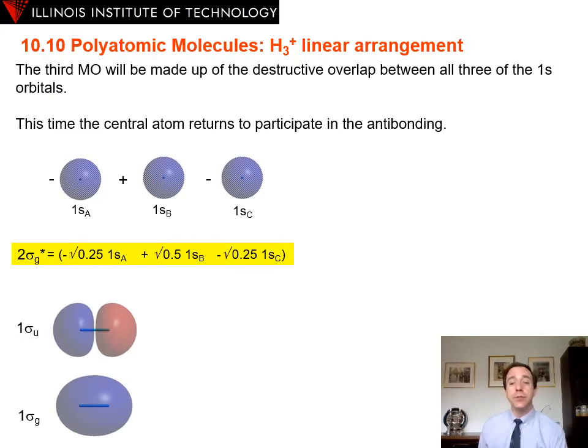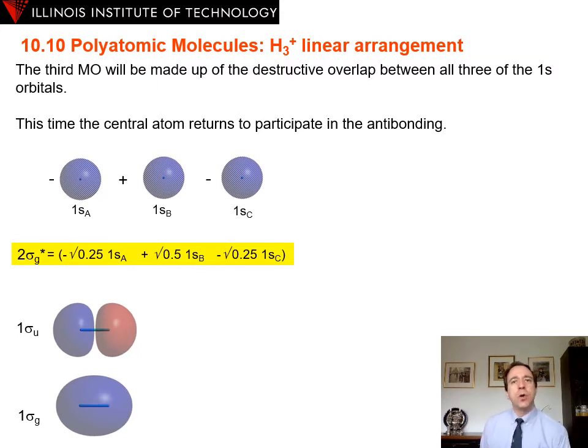It returns to the even symmetry with respect to inversion. So we get that g, we get an antibonding orbital this time, so we'll put a star on it. Now I didn't put a star on the other one, and I'll explain why that is in a second. This one is definitely antibonding.